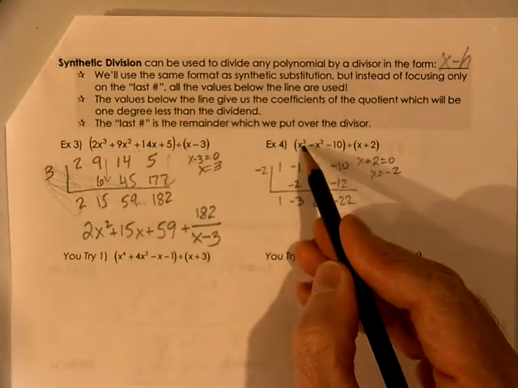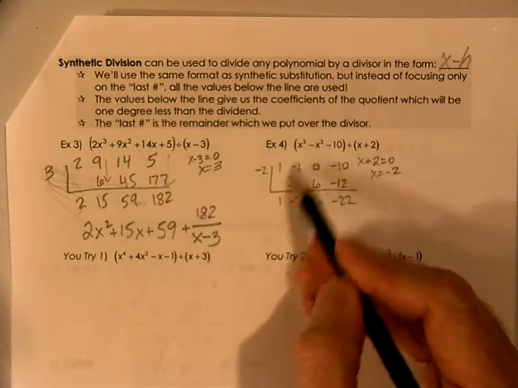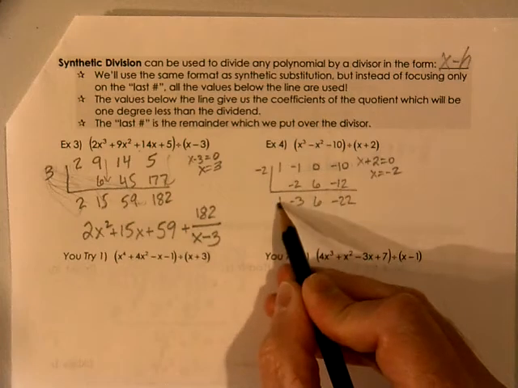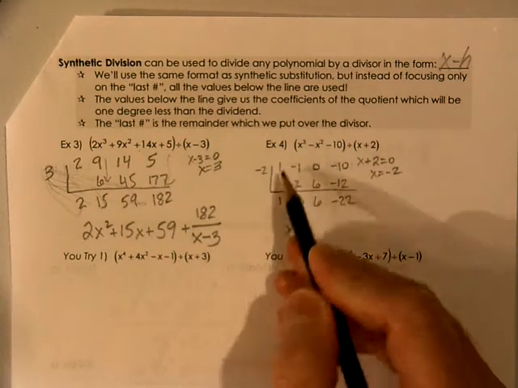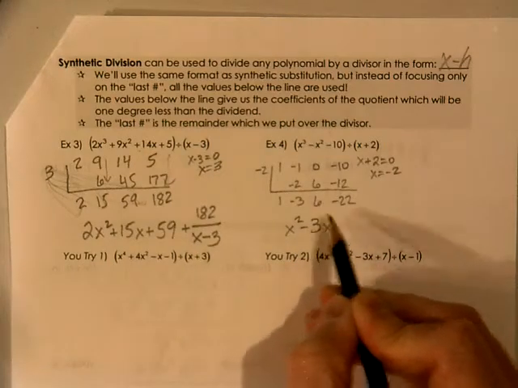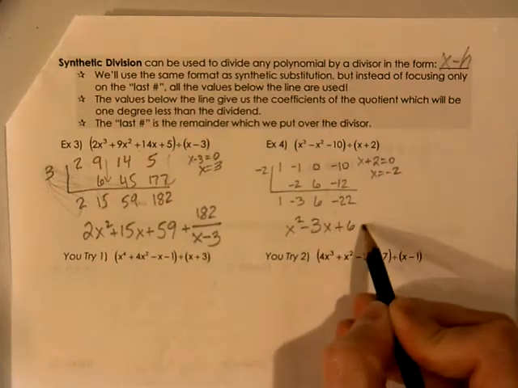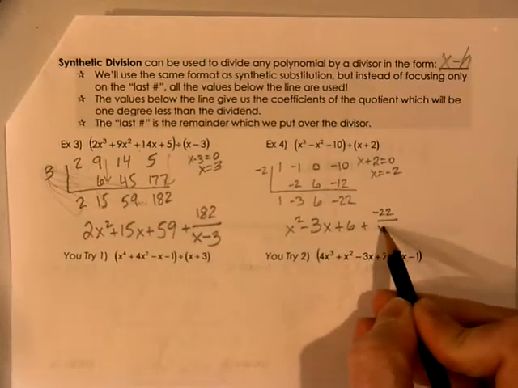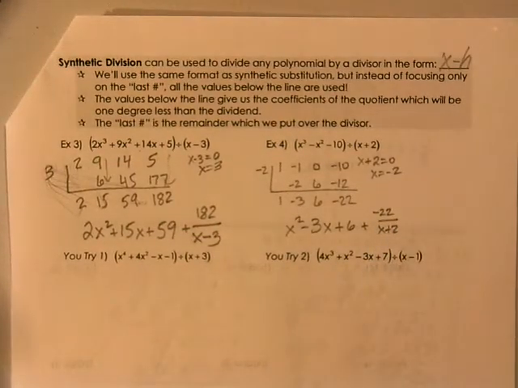So this is a cubic equation. We're going to go one less than the cubic equation. So this is going to be a coefficient of 1 to the second power minus 3x plus 6 and negative 22 over x plus 2.